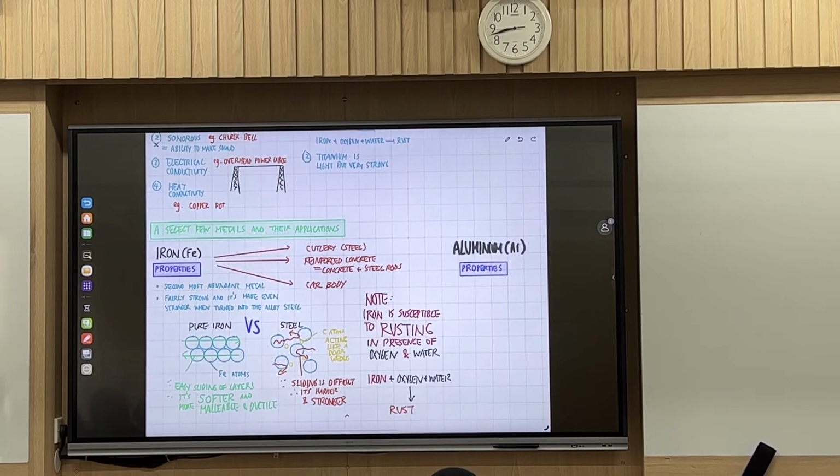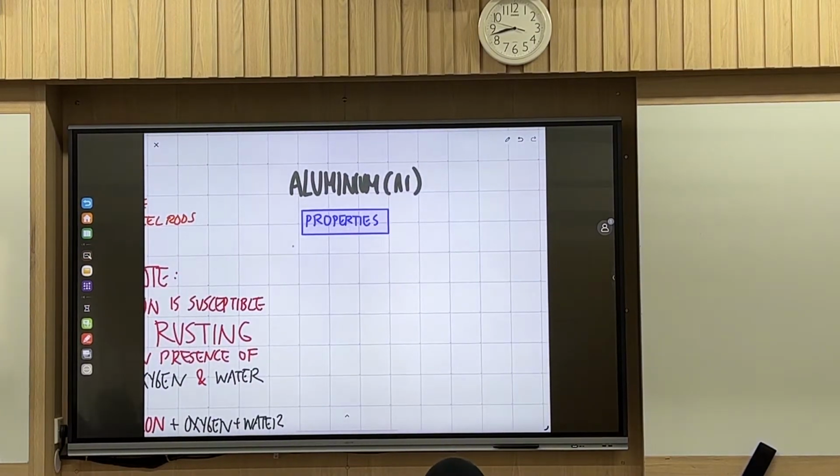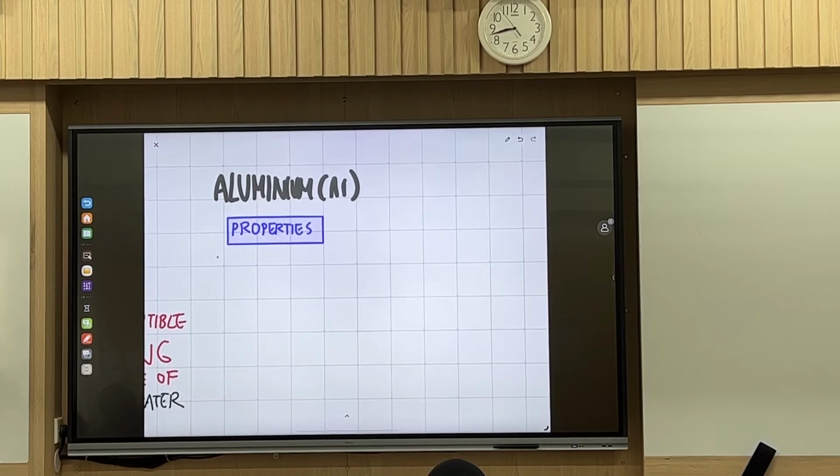So this is a question that a lot of students might have in mind. Why is aluminium so abundant, much more abundant than iron, yet it is used much later in time? First of all, this is the most abundant metal, more so than iron.